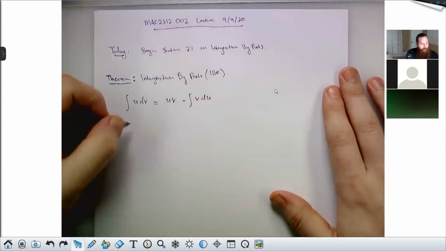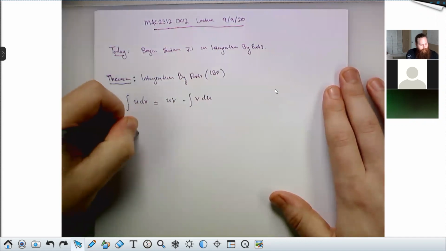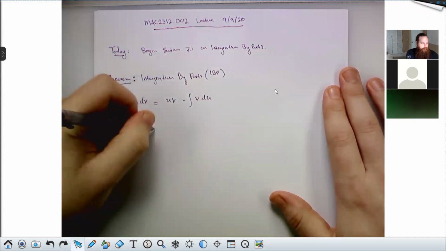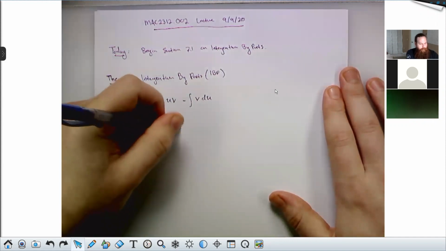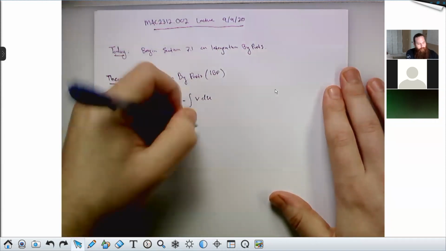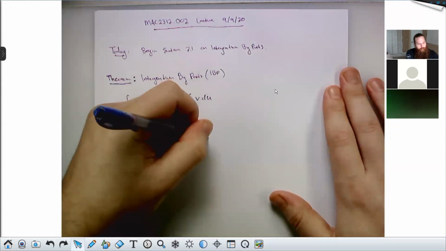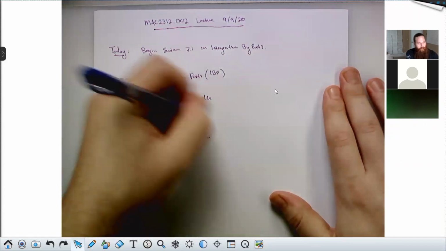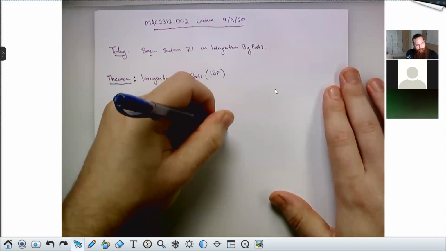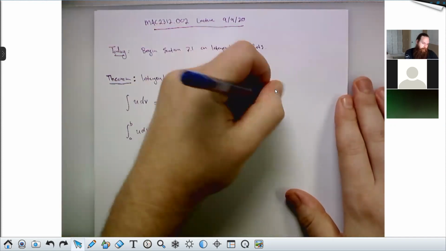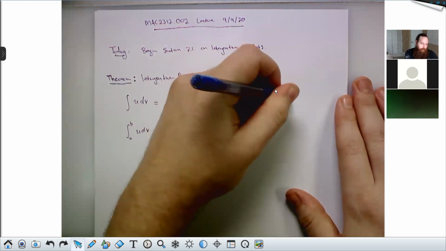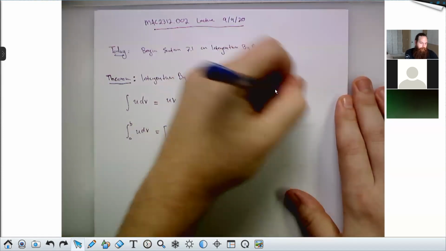Or in the case of a definite integral, the integral from a to b of u times dv is equal to u times v evaluated from a to b minus the integral from a to b of v times du. And in both cases, u and v are functions.